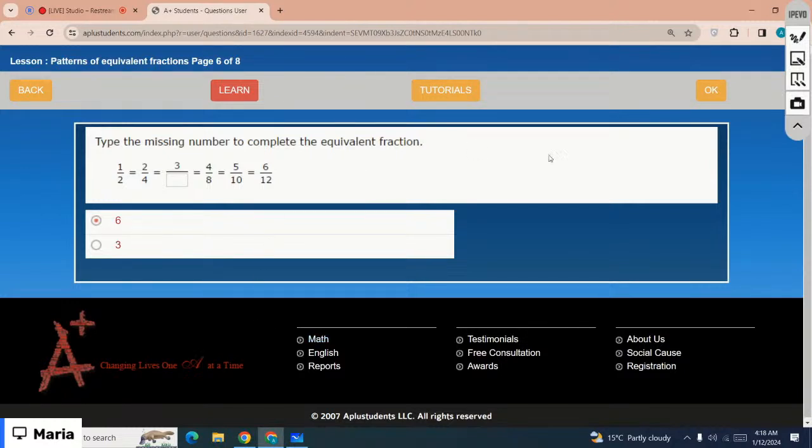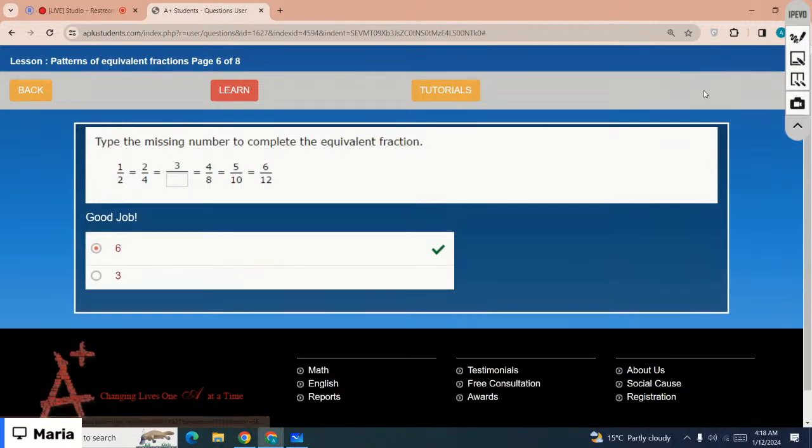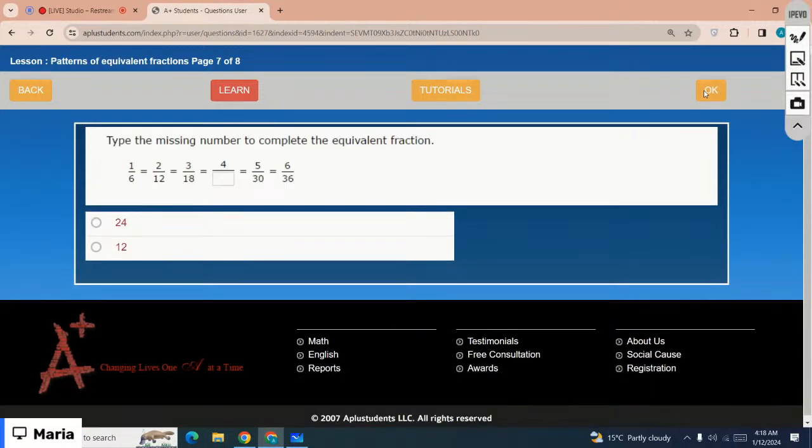Yes, 6 it is. The correct option is 6. The next one is type the missing number to complete the equivalent fraction. So which number is missing?